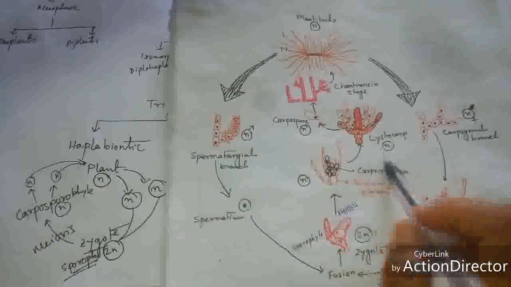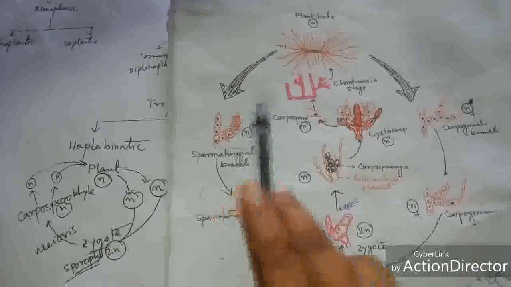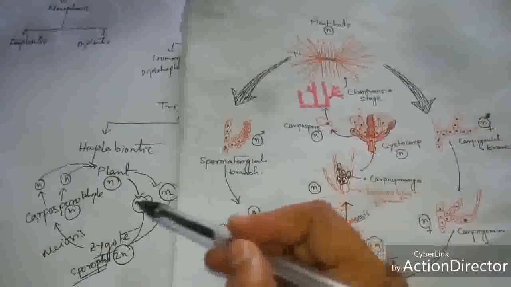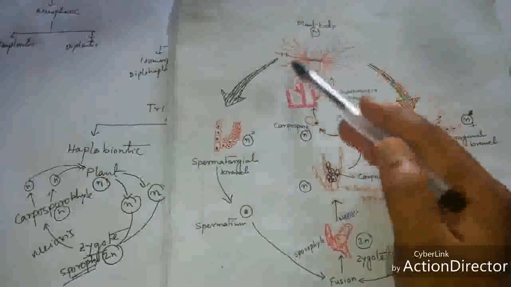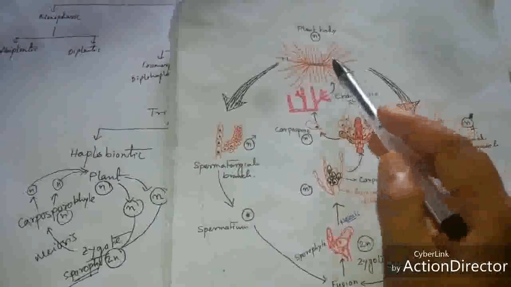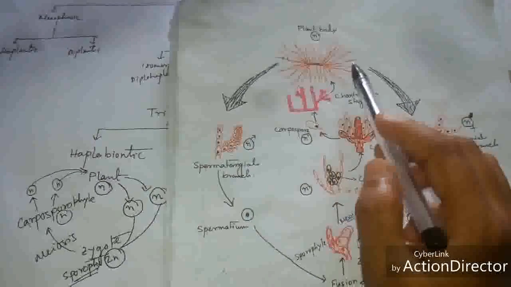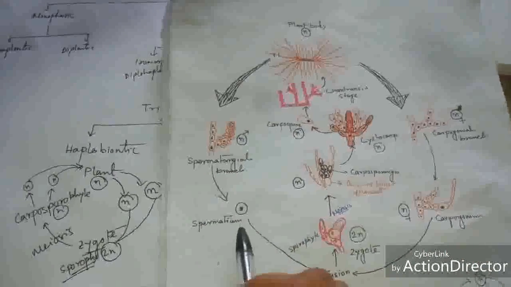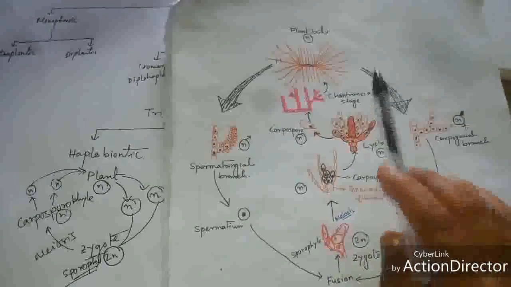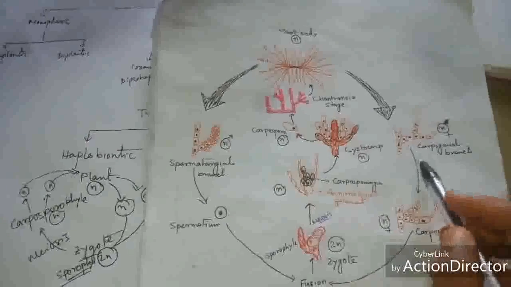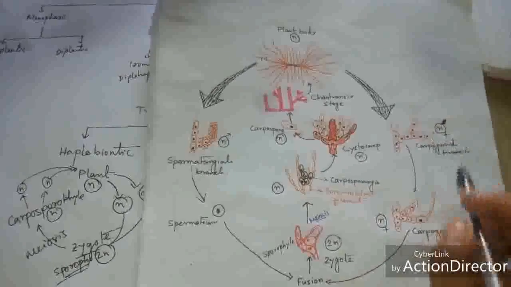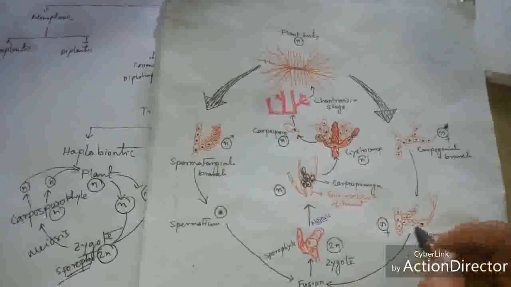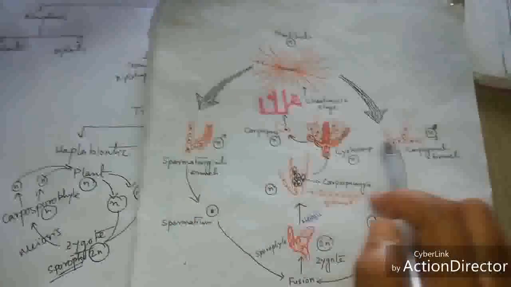Now we look at the Batrachospermum algae life cycle. Here the haploid plant body has branches that produce spermatangial branch, which produces spermatium, and the female branch, the carpogonial branch, produces carpogonium, and these are haploid type.